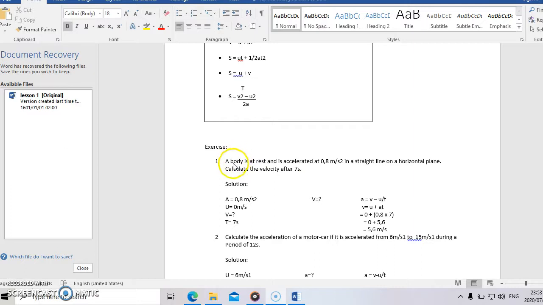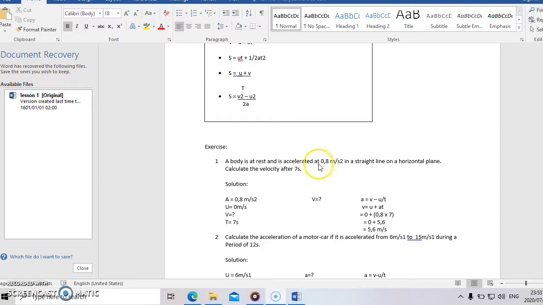So let's start. A body is at rest. When they say a body is at rest, it means there is no movement at all, so the initial velocity is 0.